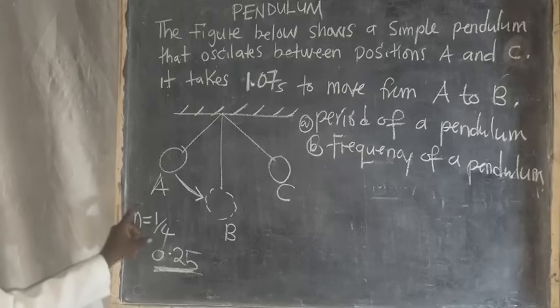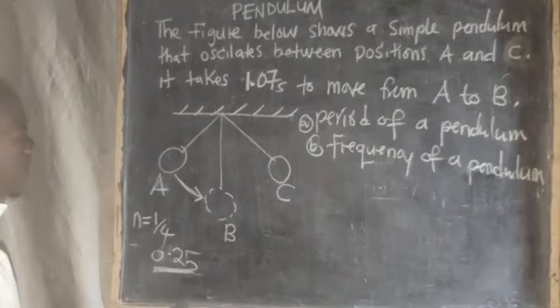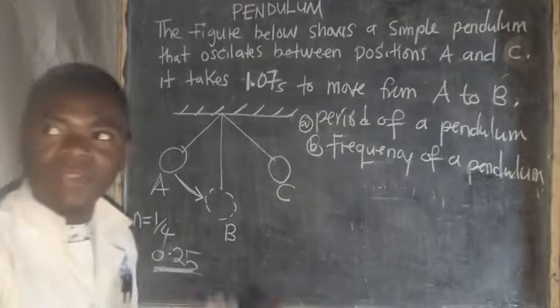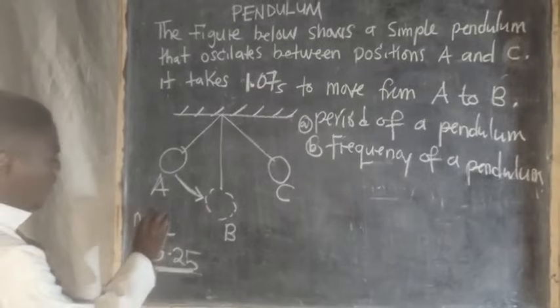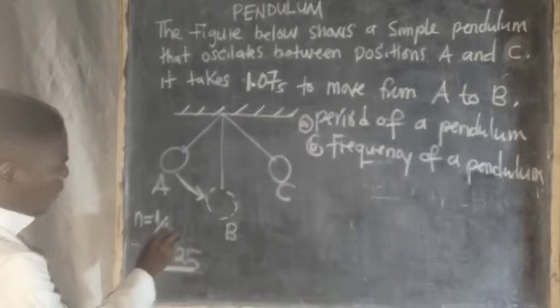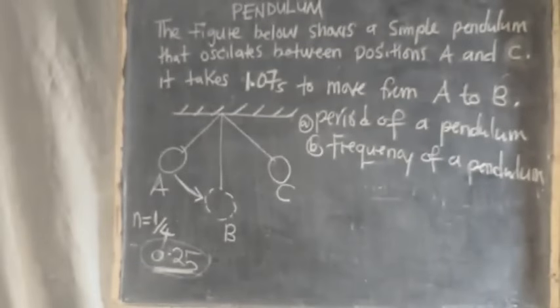Once you know the N, then you can just go direct, because the time is always given. So once you know the value of N, everything will become simple. So this is N, 1 over 4, which is just one and the same.